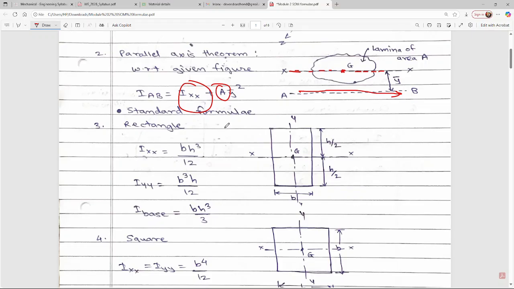Okay, in this formula we have used the centroidal axis moment of inertia, means moment of inertia with respect to that axis which is passing through the center of gravity. That moment of inertia we have for standard shapes and standard formulas.